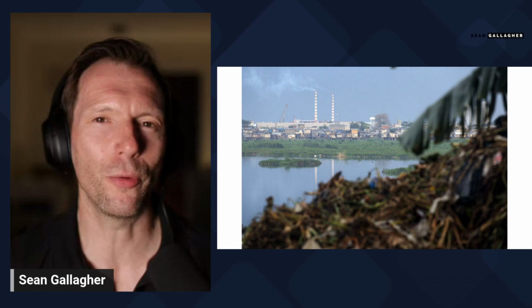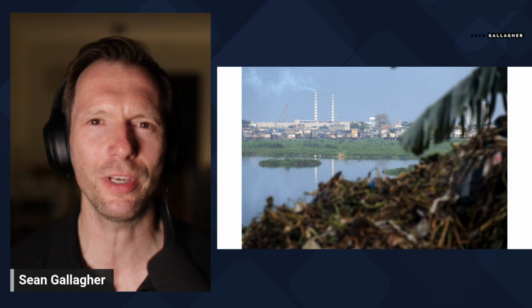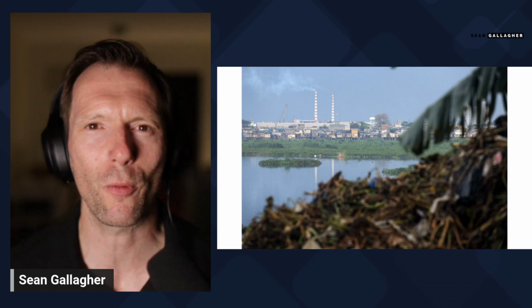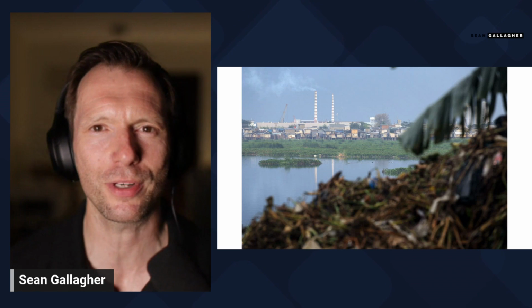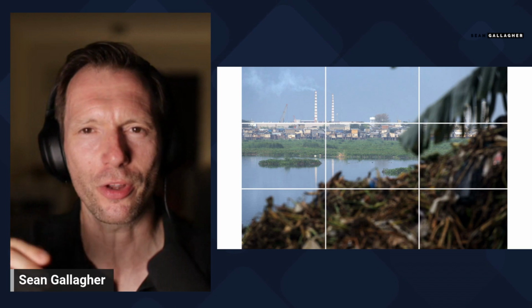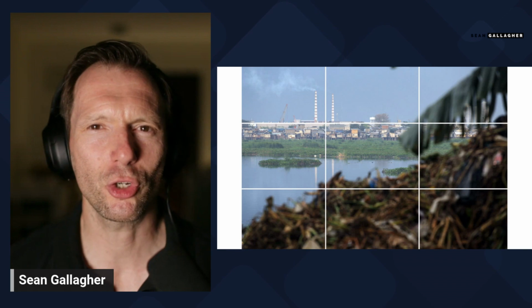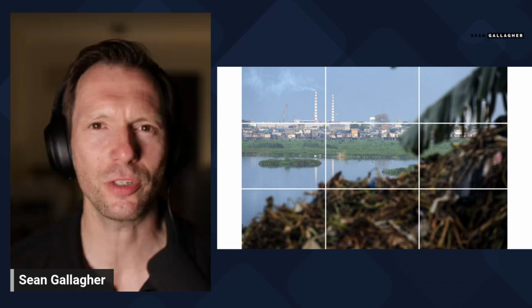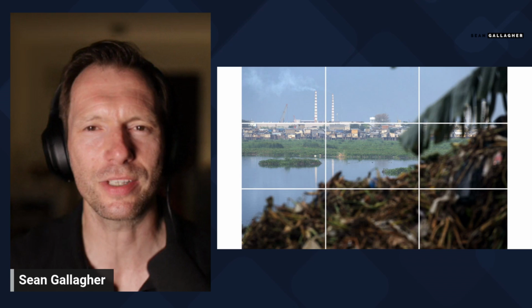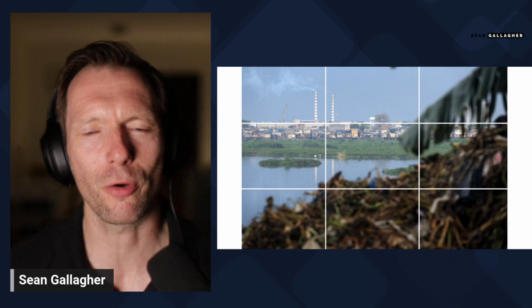And then the final point I want to talk about in terms of the rule of thirds is that you can actually also use it if you're not sure about what to do with your horizons, for example. So obviously with the rule of thirds, we have two horizontal lines. And if you're unsure where to place horizons in your picture, then one of the things that you can try to do is to use one of those horizontal lines as a guide for where to put your horizon.